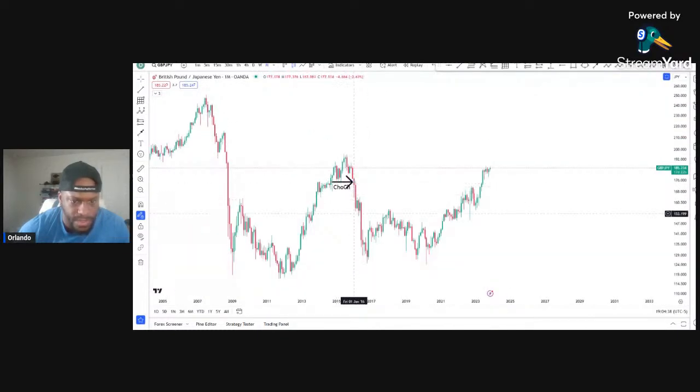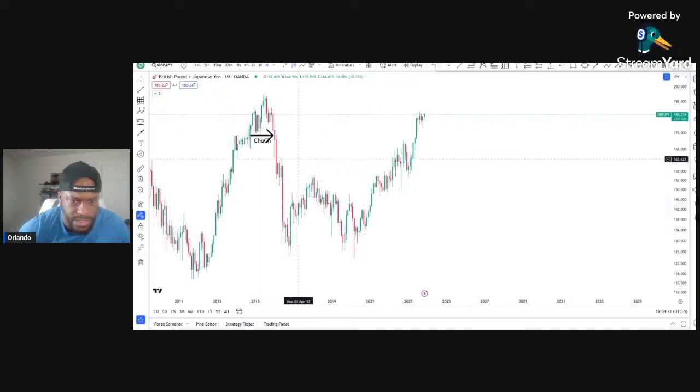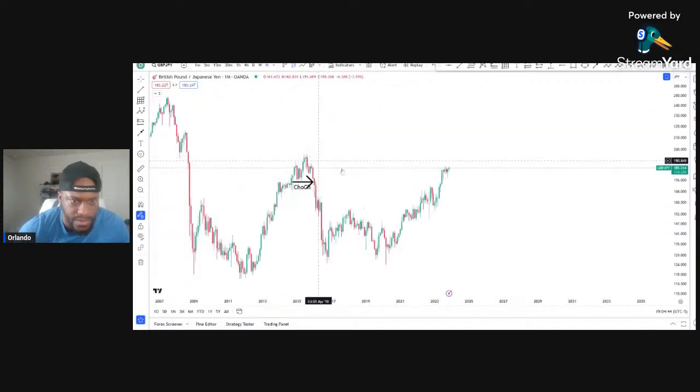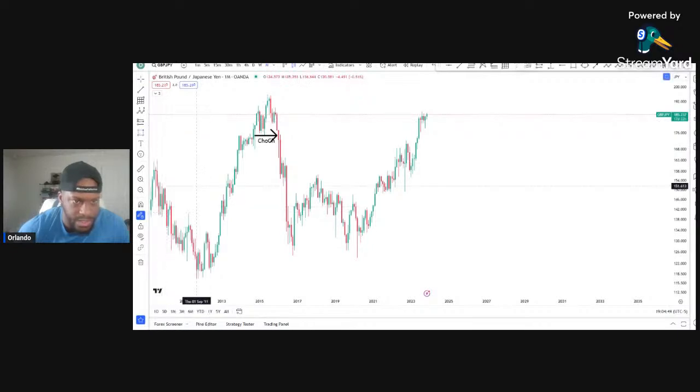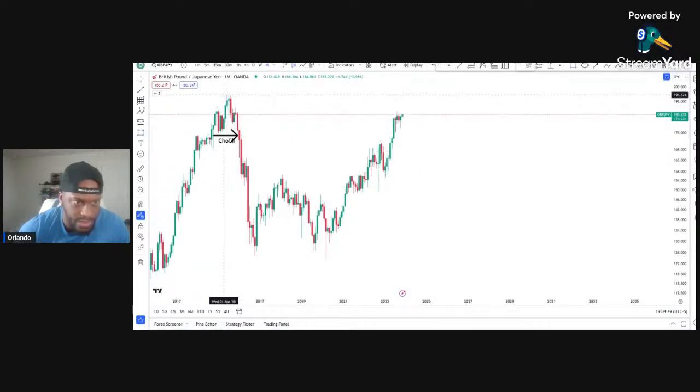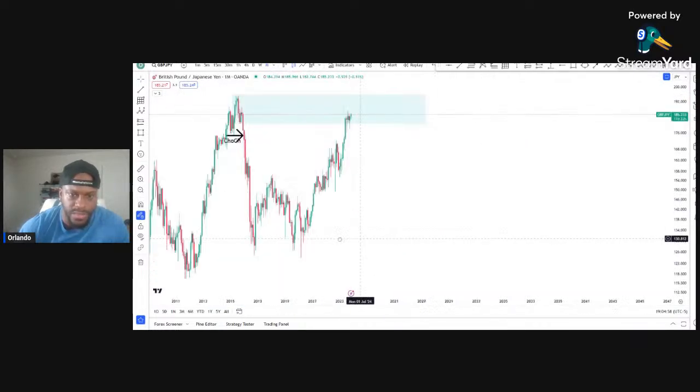All right. And so what we can see is how this is an area of interest because price did what? Caused a change of character. So we'll zone this out from this high to this low right here. This entire area right here as an area of interest because price may want to sell from that area.